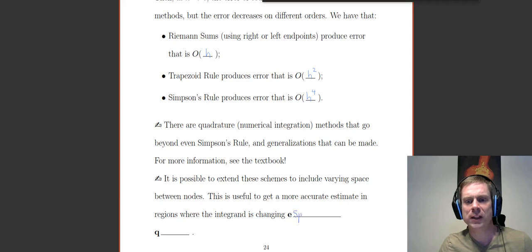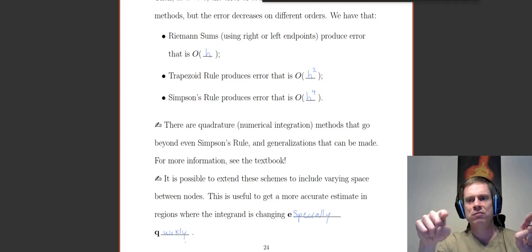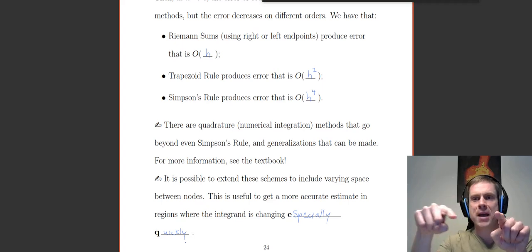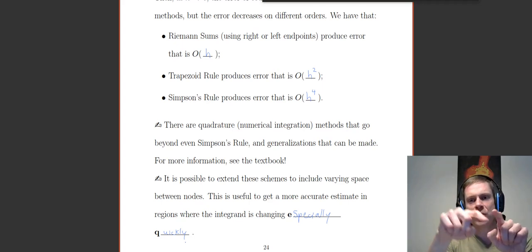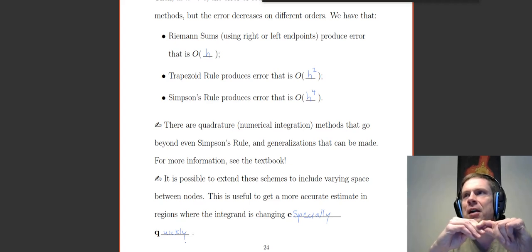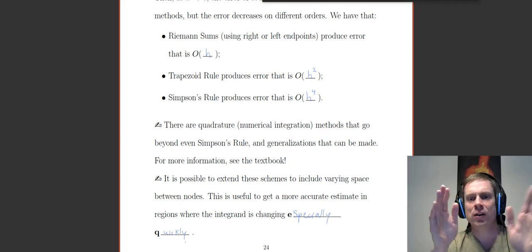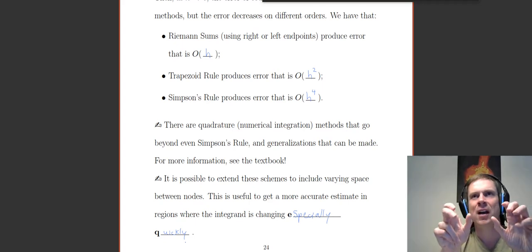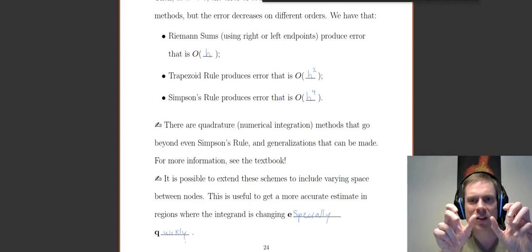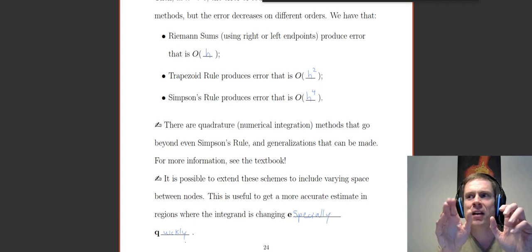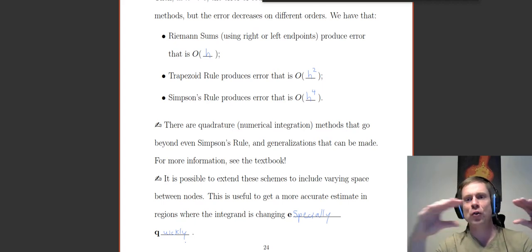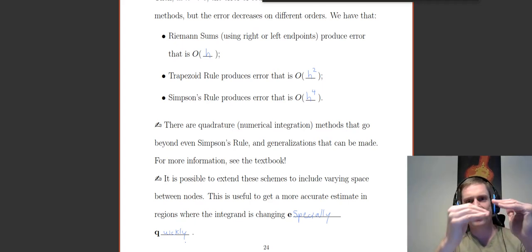I want to say especially quickly, because imagine that you have a function that is, more or less doing its thing, but then has one quick spike and comes back. If I have a function with one quick spike, then maybe if I only have big wide rectangles, it's going to do a really bad job at approximating the true area. And that might be true even if for most of the domain, the rectangles or trapezoids or whatever we just did would do a pretty good job on regions where that function is not changing very quickly.